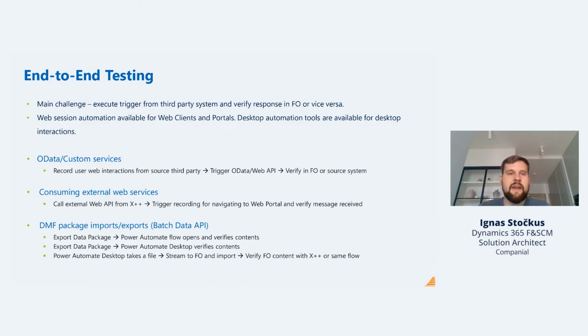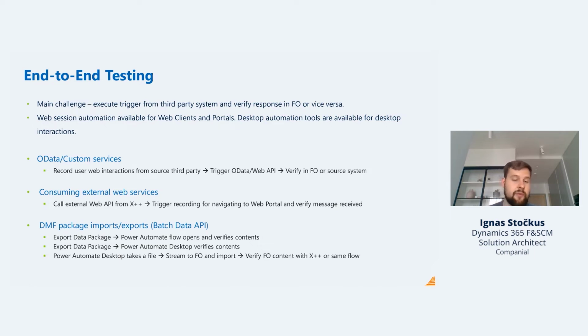There are many available recorders that record a desktop or a browser session, and you can record it directly in FNO since it's a browser. You can then record it in your other third-party portal. And with those recordings, you can then check data from one system into the other, right? So you make desktop recorders, web client recorders, and when you run these sessions, you can verify that the data that you have received is all correct.